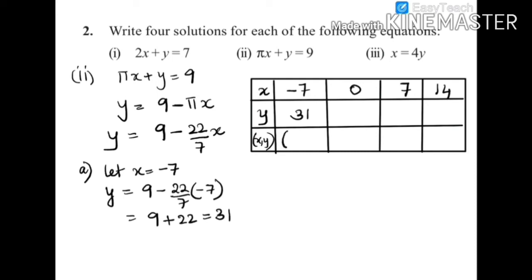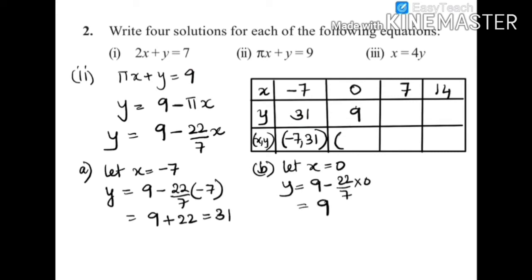So the corresponding ordered pair is minus 7, 31. Let's take x as 0. So y will be equal to 9 minus 22 on 7 into 0. That gives us 9. So the corresponding ordered pair is 0, 9.